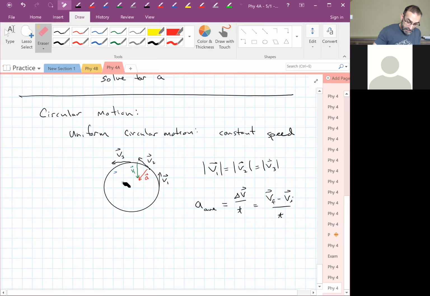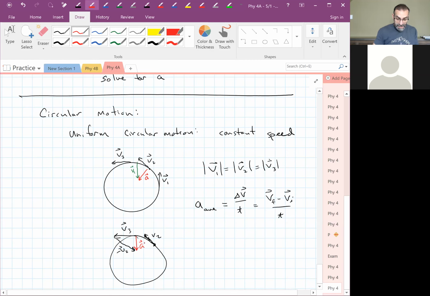Let me do it. So my acceleration would point like this. Where do all the accelerations point? Toward the center of the circle.